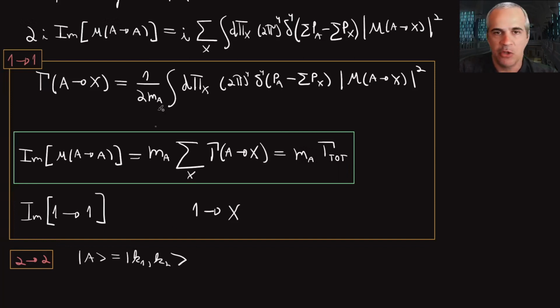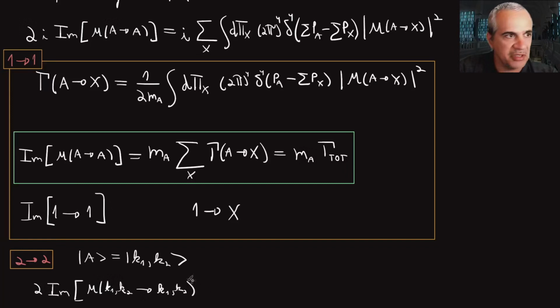Now this equation becomes twice the imaginary part, eliminating the factor of i on both sides, so it's just the imaginary part of this matrix element from K1, K2 to K1, K2. This is the important part.